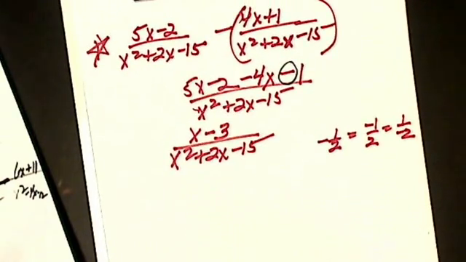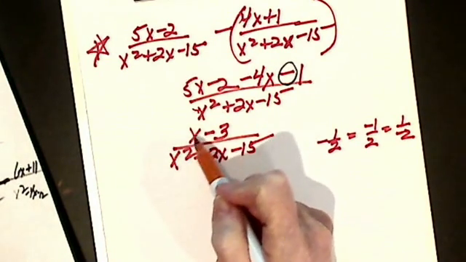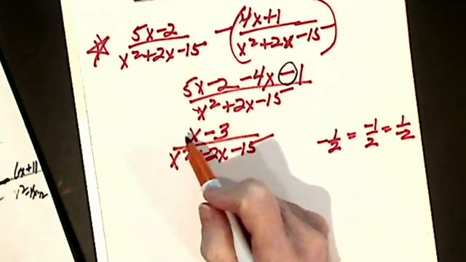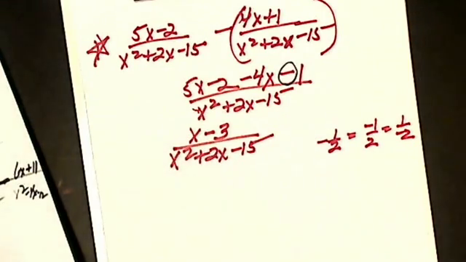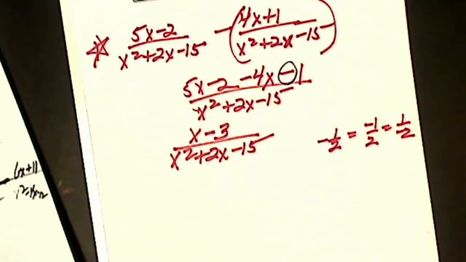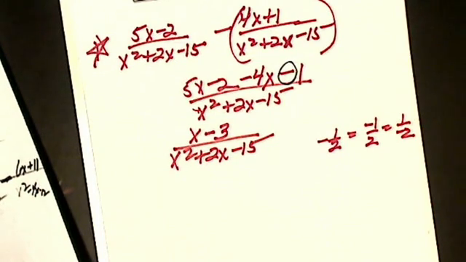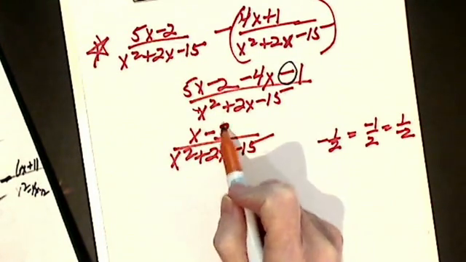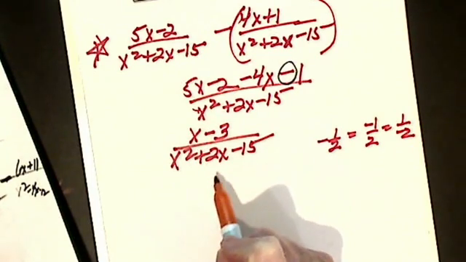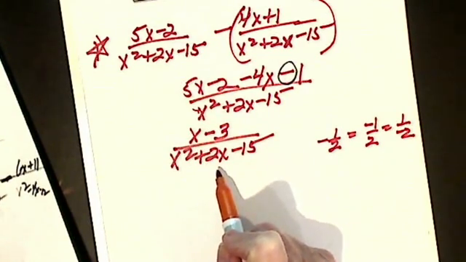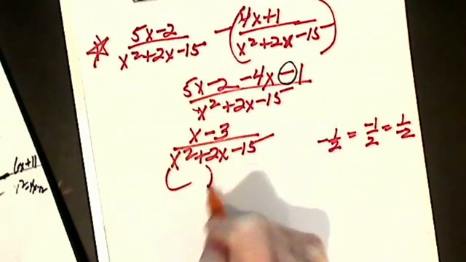Then I look at my answer and see if there's anything else to do, which means cancel or factor. I'm not allowed to cancel x into x squared because I got a term. Can't cancel anything. But I look and I go, can I factor? This is stuck together as a factor. I look at this. Hopefully you're all good at trinomials. So I factor this.